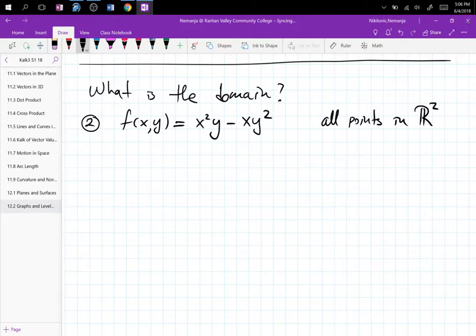This technically means that you can pick any x, y combination that you can think of, and you will be able to compute and find the z value. So this is an infinite domain. Think of the floor as our x, y, right? That's what we said. Think of the floor as our x, y.